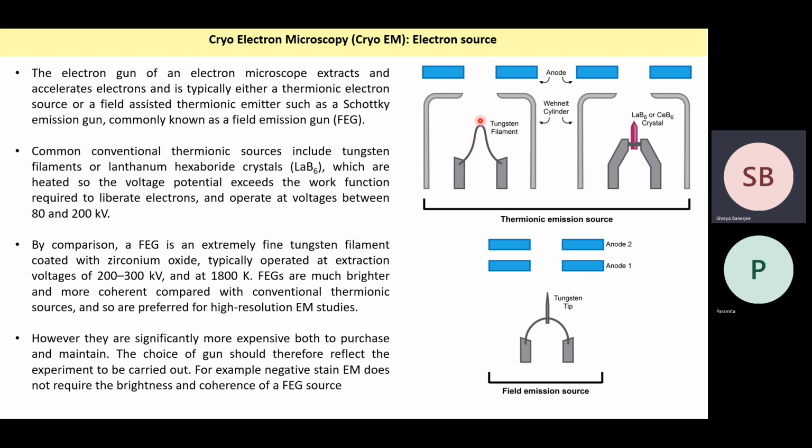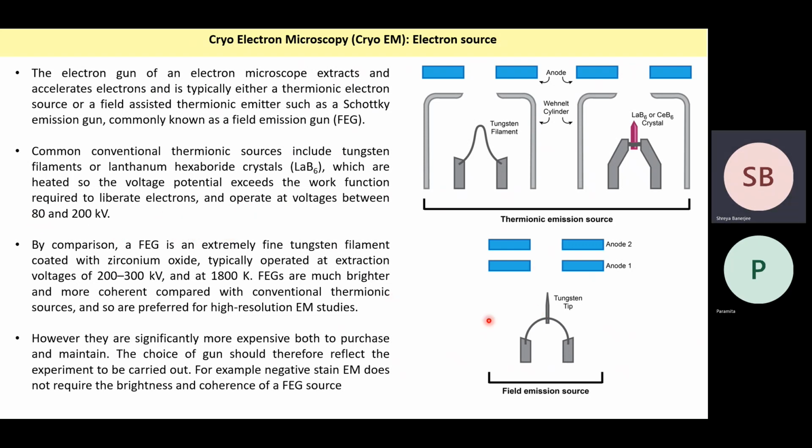Thermionic emission basically uses a tungsten filament or lanthanum hexaboride crystals, and these are heated so that the electrons in the filament or the crystals gain energy from the heat and escape to form the beam of electrons. Here the voltage needs to be between 18 and 200 kilovolts.